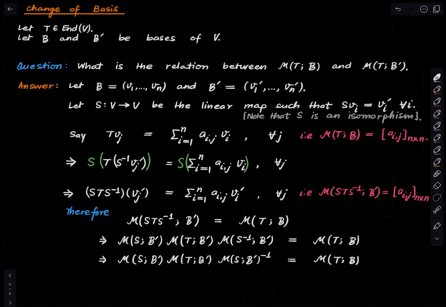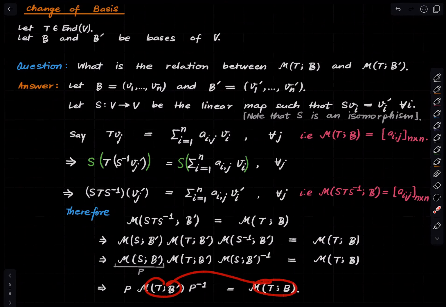And let's just call this matrix P. So we can write P times matrix of T with respect to B prime times P inverse is that. That's it. So the relation between these two matrices is via this conjugation relation. We call it conjugation. There is a group, that is a group theoretic notion. So P is the matrix of S with respect to B prime.